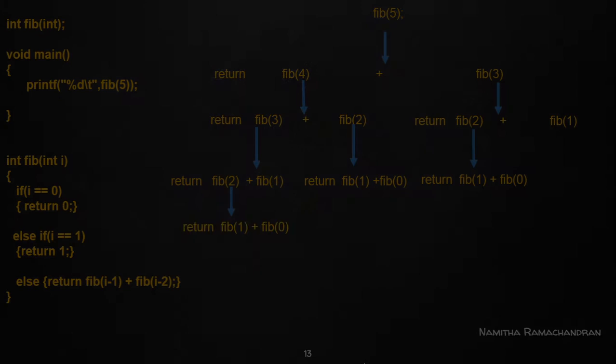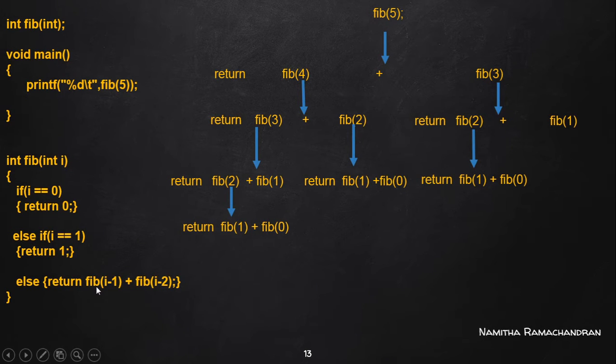Okay, and this is the program code, right? So here we have a function fib, which is declared here, and this is the body of our fib function, for finding the nth term of our Fibonacci series. So here is the variable, that is the formal parameter, right? If this value is equal to 0, this function returns value 0.